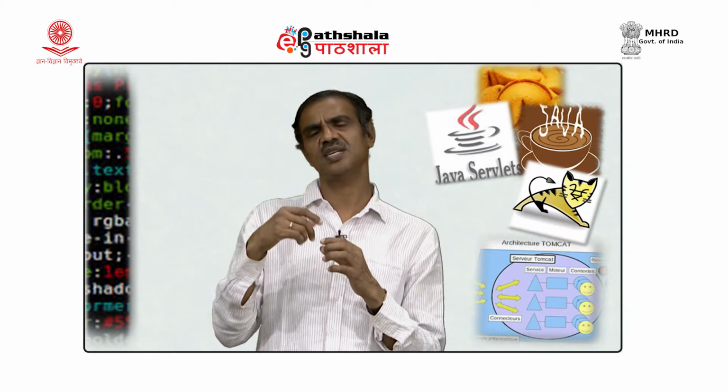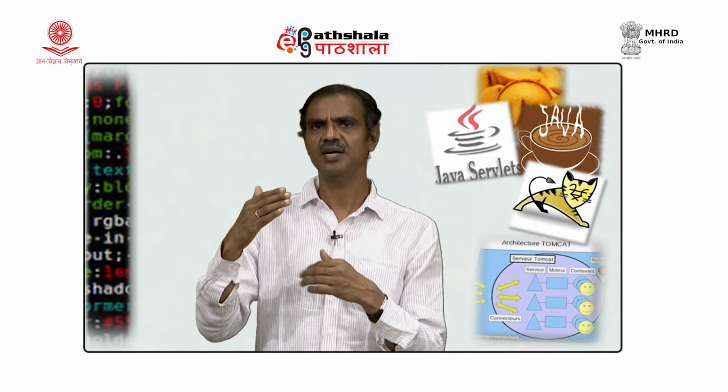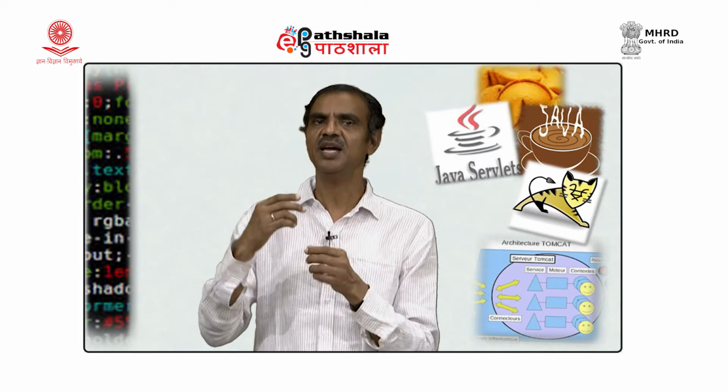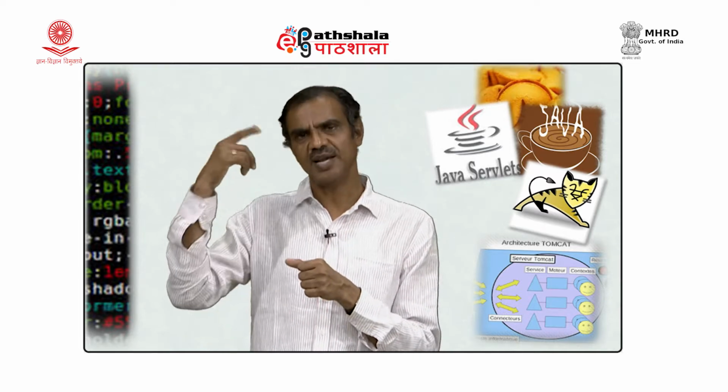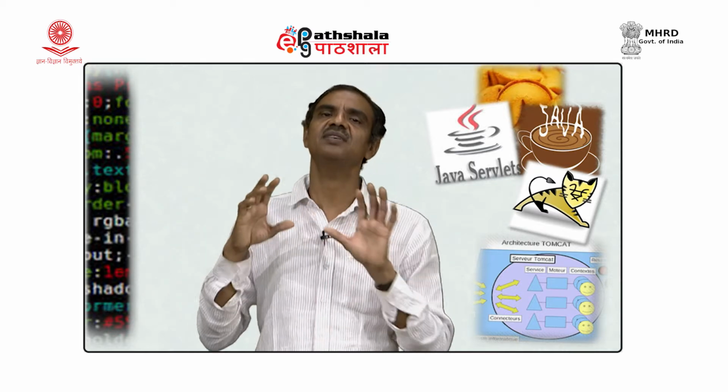We have a certificate chain in the form of, for example, a certificate issued to us by a sub-certifying authority, but it would also have the certificate of that sub-certifying authority, which has been signed by the actual certifying authority, and for that certifying authority we have a self-signed certificate.